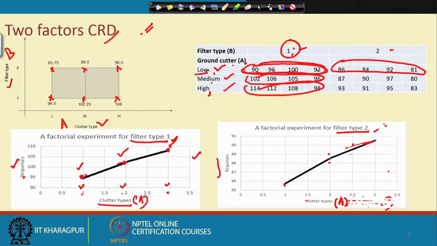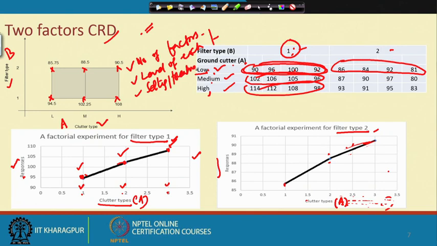You must first know the number of factors, second you must know the levels of each factor, then you will know the settings or the treatments, then in each treatment or setting you will conduct several experimental runs. This is known as replication.